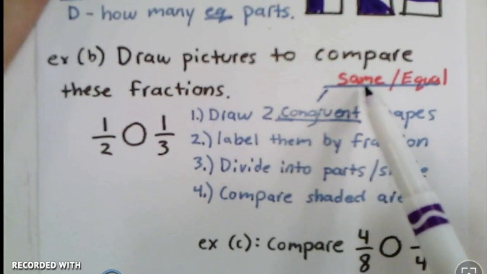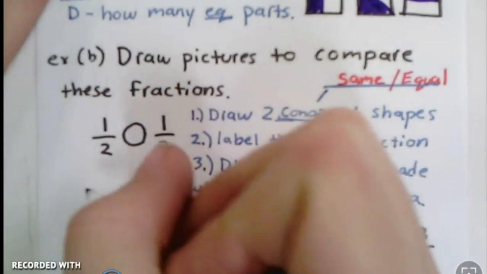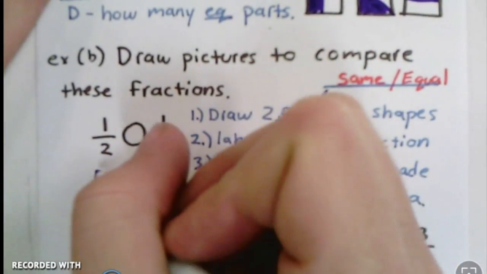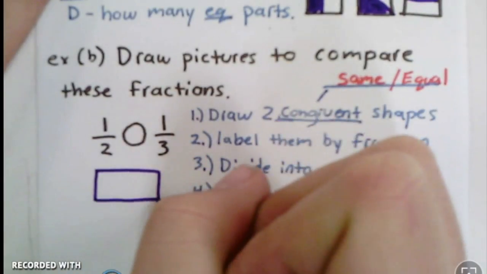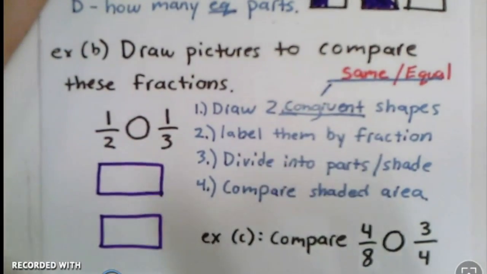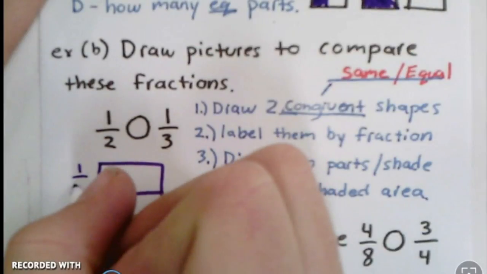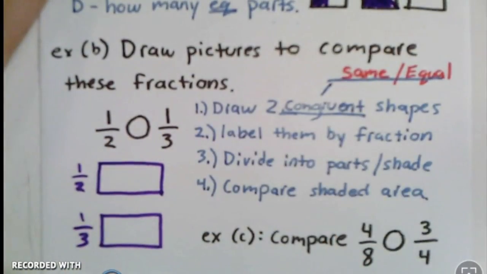And don't forget that congruent means same or equal. This will not work if my shapes aren't equal. So I'm going to draw 2 rectangles that are the same size. My next step is to label them by their fraction. So this one is 1/2 and this one is 1/3.